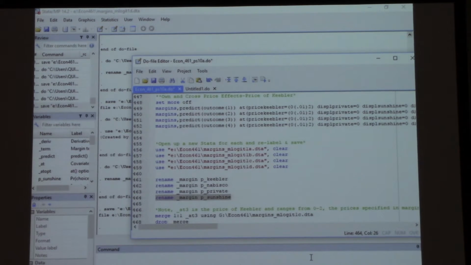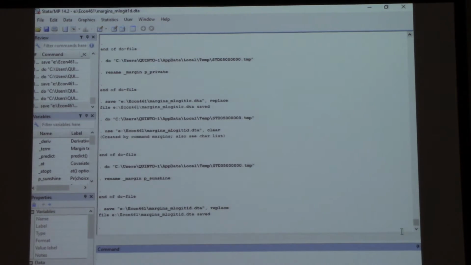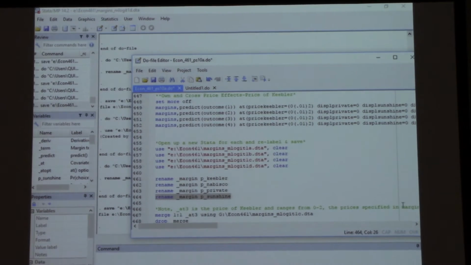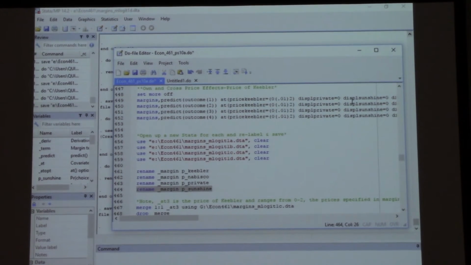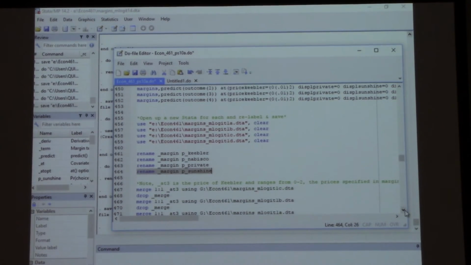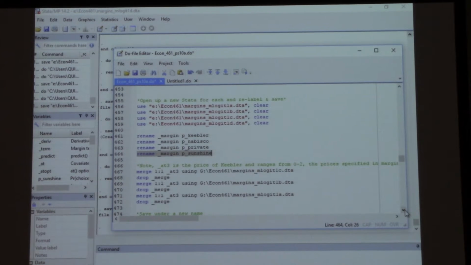I changed the names of the margins, so now I just need to merge them. I've got the last one open, so I'm just going to, and again, it doesn't matter the order. I just did it in reverse alphabetical order because I have D open right now. So I'm going to go CB.